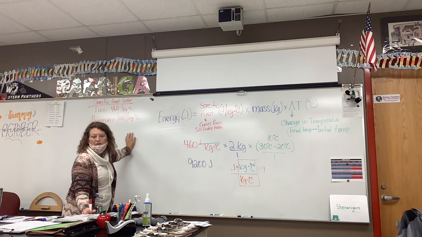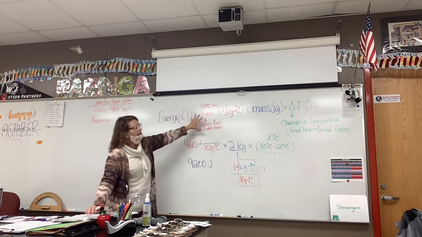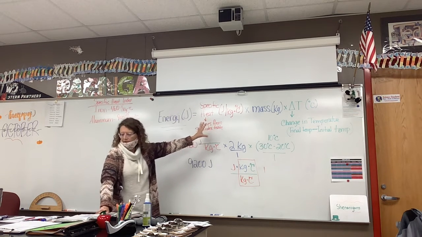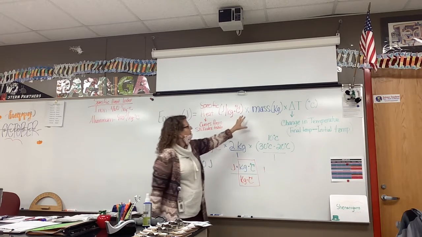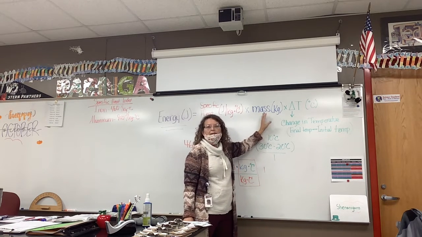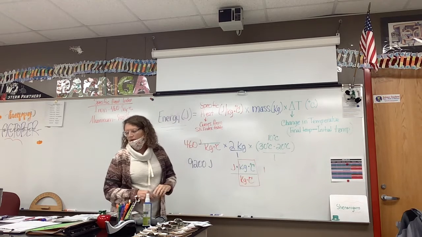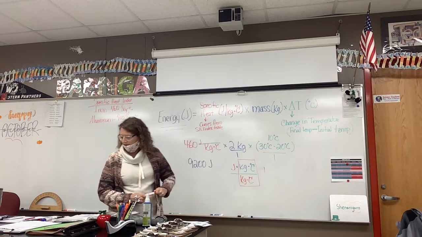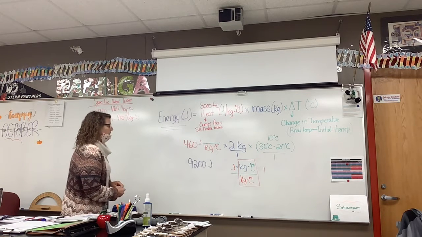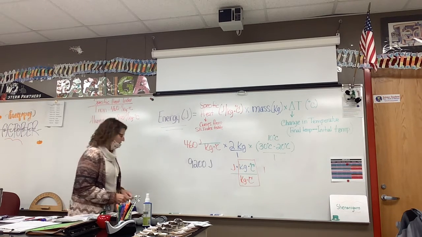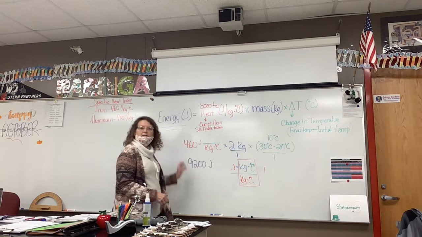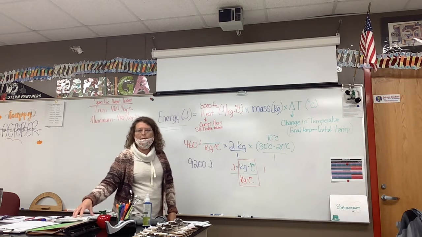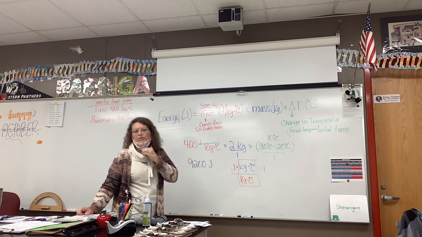So your equation is going to be 900 joules per kilogram degree Celsius times 3 kilograms times 45 minus 35, which is going to be 10 again, right? All right, hopefully you'll understand that. And if you have questions, you need to reach out to me and rewatch this and walk yourself through it again.